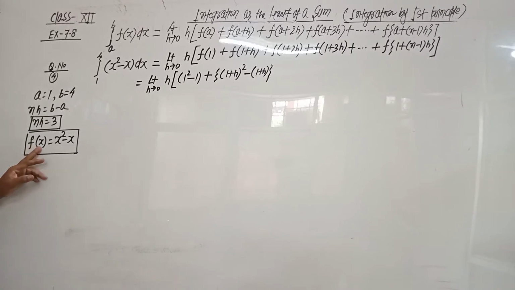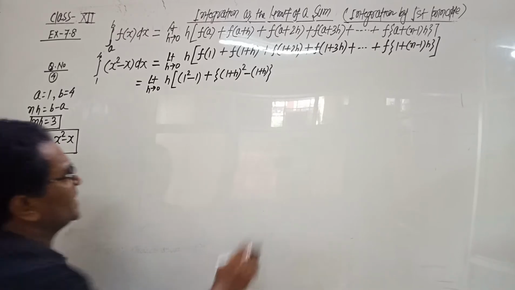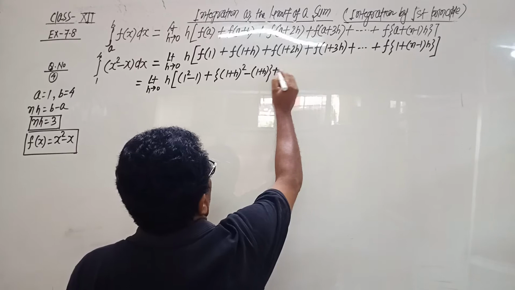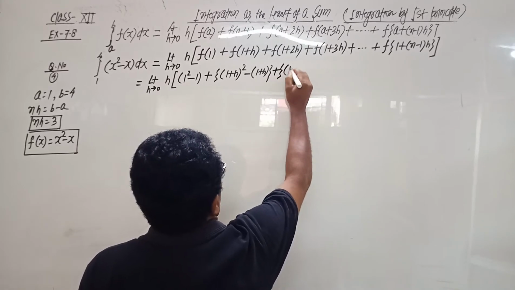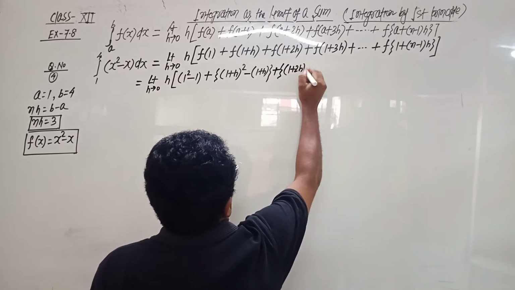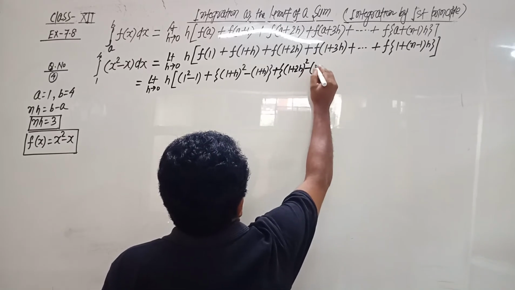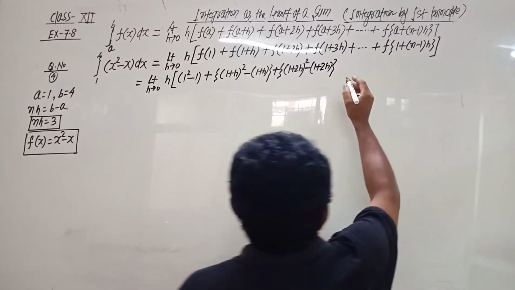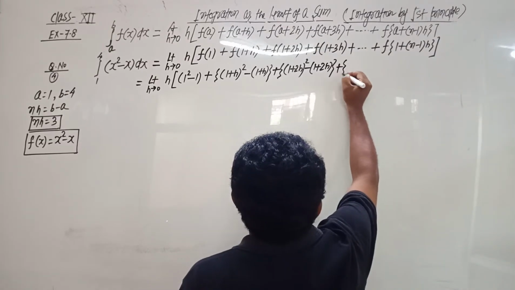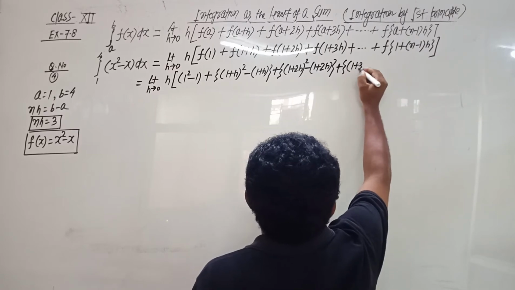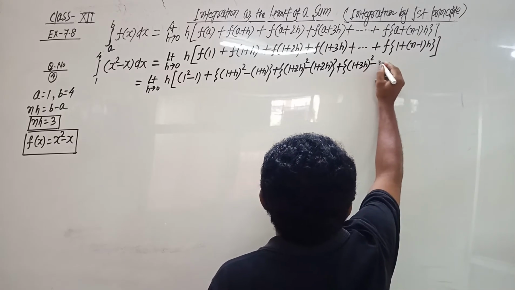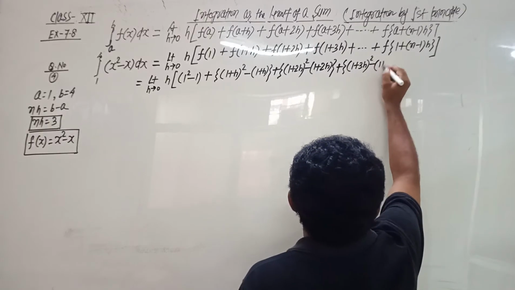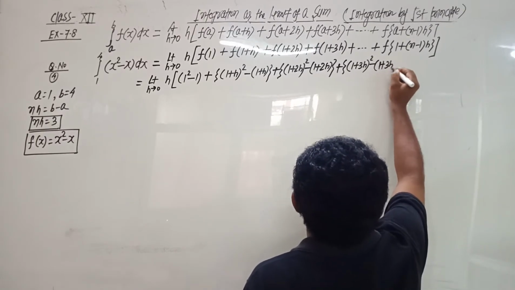For finding f(1 plus h), we have substituted x equals 1 plus h in the expression. Then we calculate f(1 plus 2h): this becomes (1 plus 2h) whole square minus (1 plus 2h). Then f(1 plus 3h): (1 plus 3h) whole square minus (1 plus 3h).